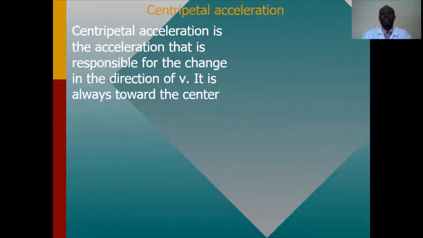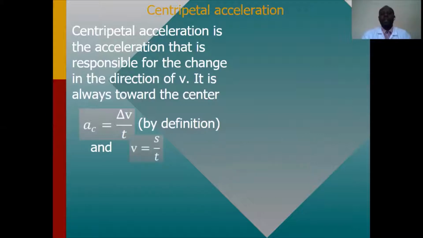Centripetal acceleration is toward the center due to the centripetal force that is attracting the body toward the center of the circle. By definition, centripetal acceleration is the change of linear velocity over time t. And the linear velocity is the displacement over time t.